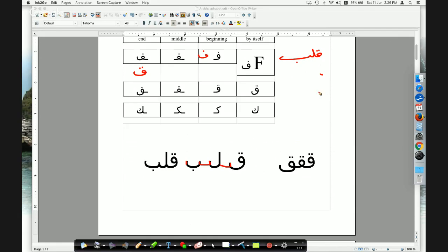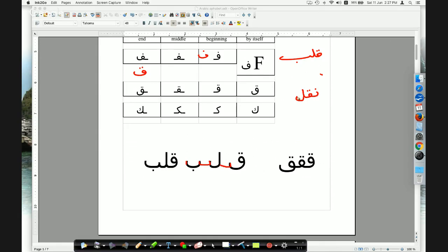Now we will take another word where the letter Qa is in the middle. I will say naqala. Naqala means like move, like you move something from a place to a place. So you are moving something.